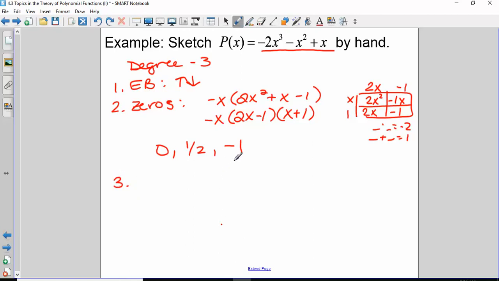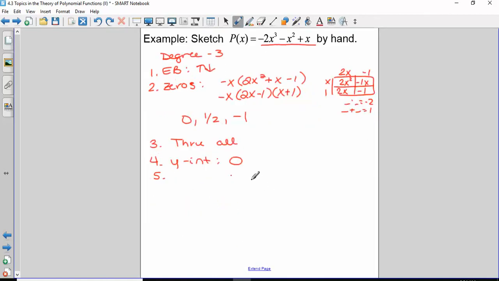Step 3, is my graph going to bounce or go through? Should go through all of them because they all have a multiplicity of 1. Step 4, the y-intercept. If you plug in a 0 for all of your x's, what do we get out? 0.